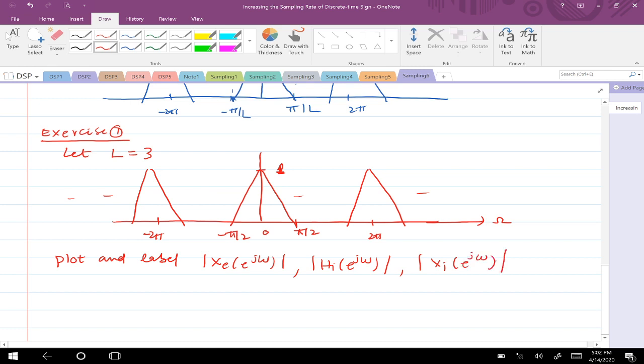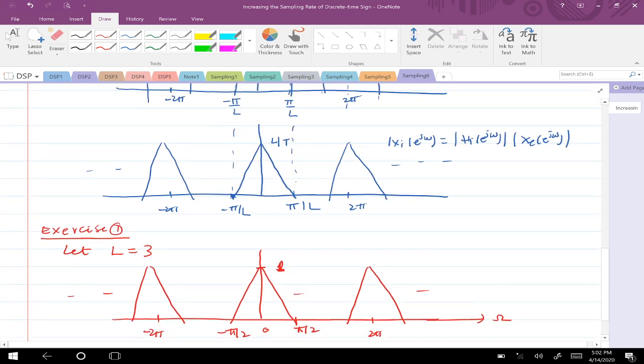And this you do over the period of omega varying from minus 2 pi to 2 pi, so that you get a clarity over there. That's the first exercise for you.